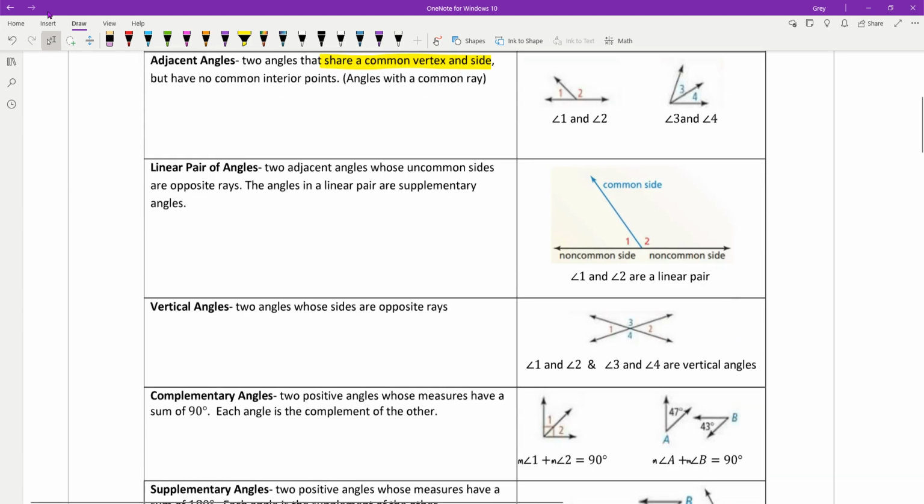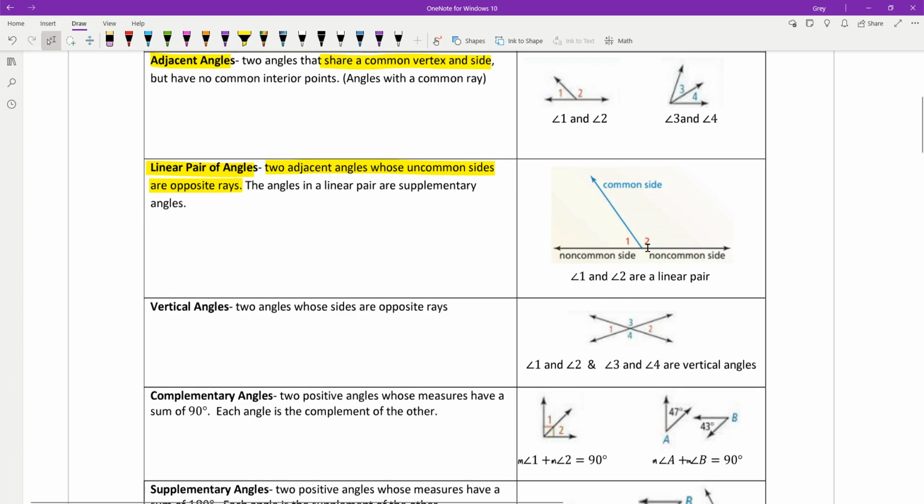Then we have something called linear pair. I'll go ahead and highlight that. Linear pair of angles. They are two adjacent angles whose uncommon sides are opposite rays. So you can also think of it as a pair of angles whose non-common sides make up a line.